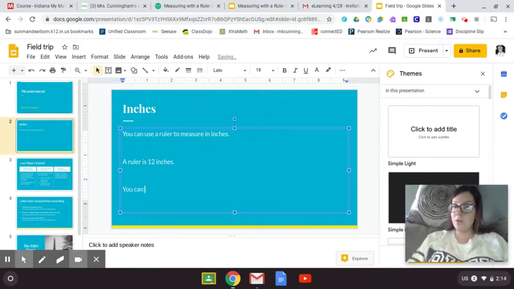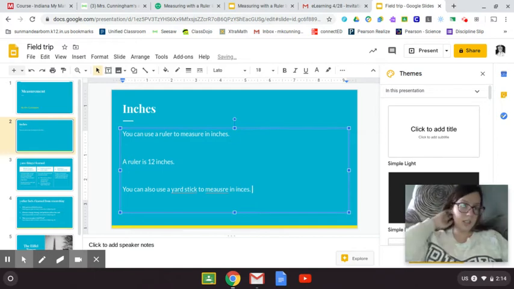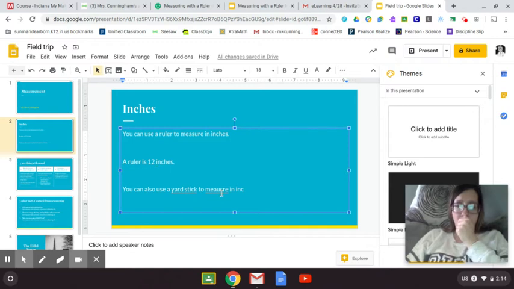You can also use a yardstick to measure in inches. Guys, I keep spelling things wrong.